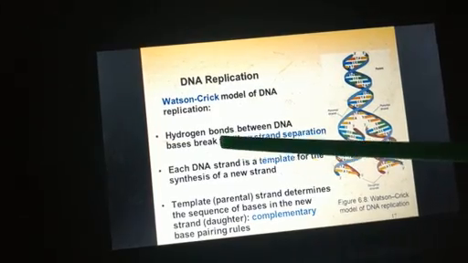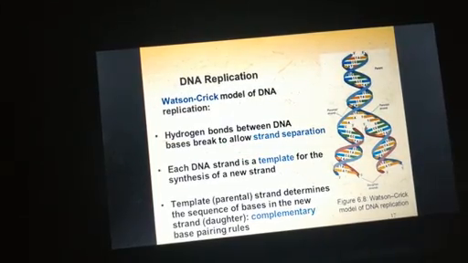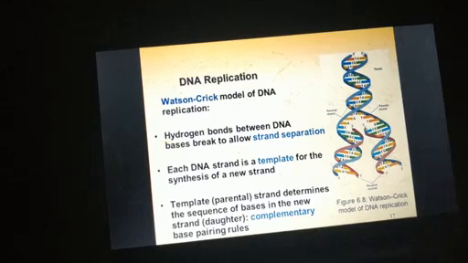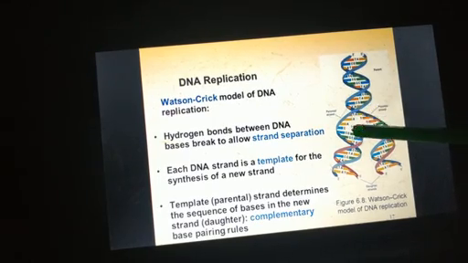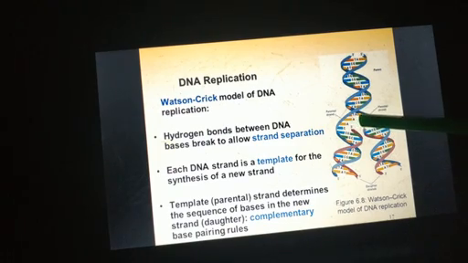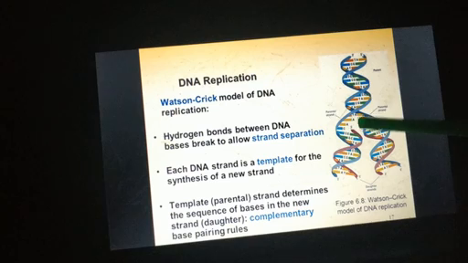So as I said, the hydrogen bond between the DNA bases breaks to allow the strand separation. So suppose from here our replication will start, that is formation of DNA from a DNA will start. So these bonds need to be broken down, isn't it?